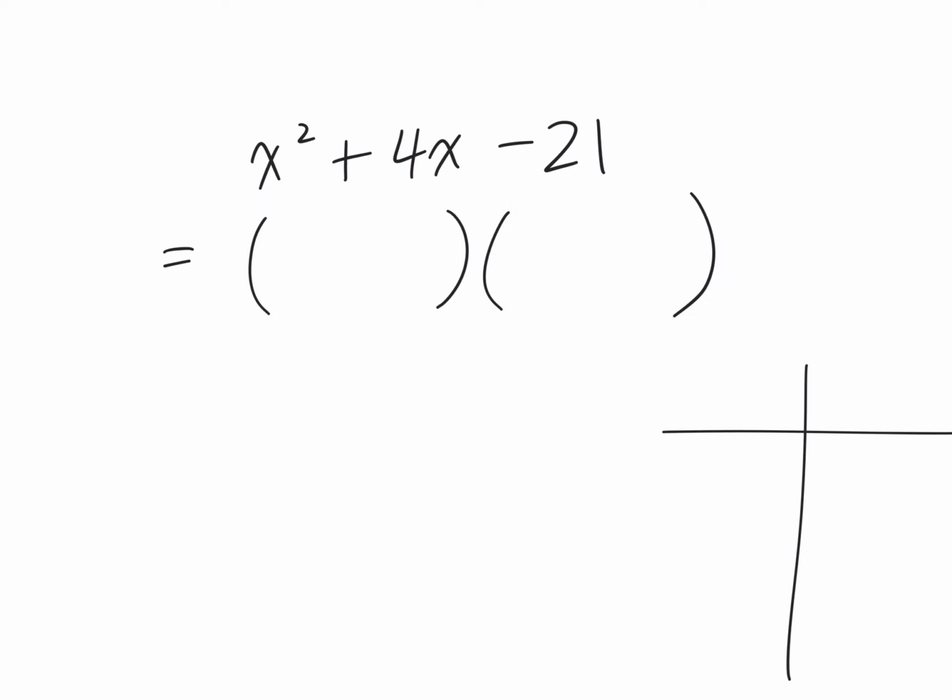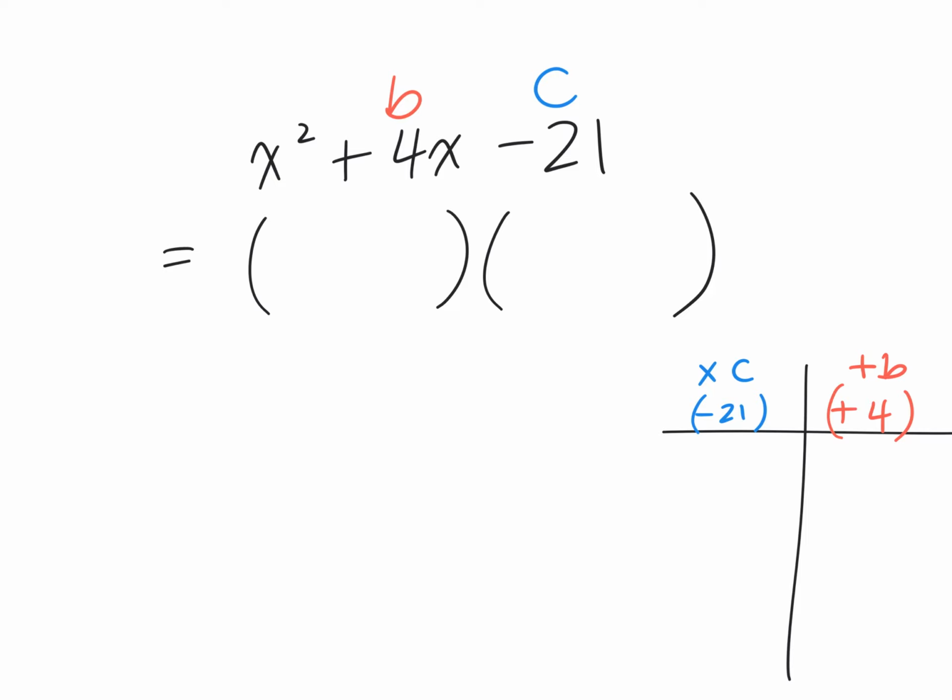So it's always two numbers that multiply together to give you the last term. So what times what gives you negative 21? When you add those numbers together, you get the middle term. So something plus something gives me positive 4. So what are some factors of negative 21?